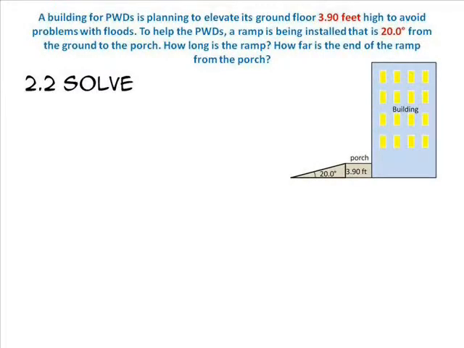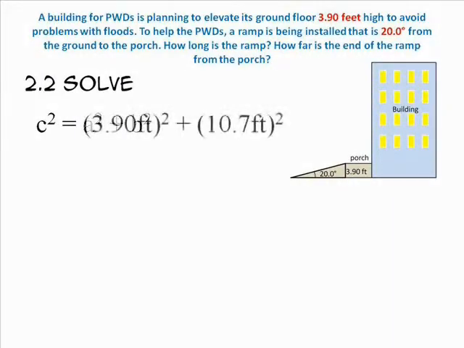Now in doing this, we need to apply the Pythagorean theorem, which is c squared equals a squared plus b squared. Now, if we make the height of the porch as a and the length of the ramp as b, we will be able to find c, which is the hypotenuse, and we need to find that. Now we make it into c squared equals 3.90 feet squared plus 10.7 feet squared, and that is equal to 129.7 feet.